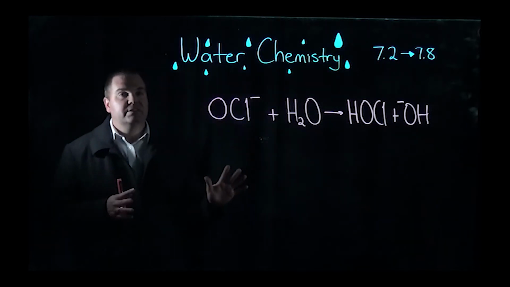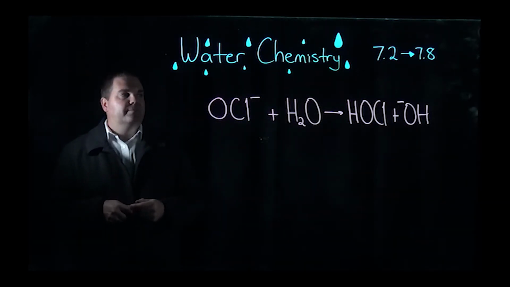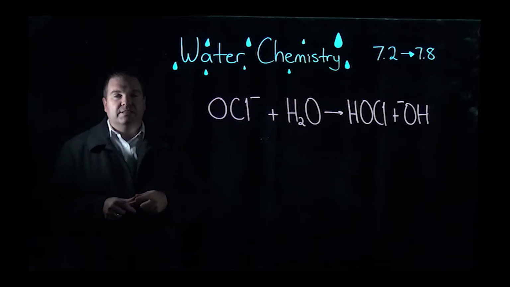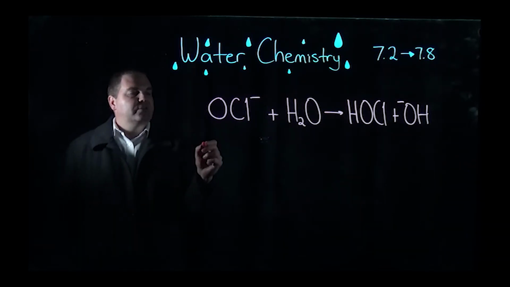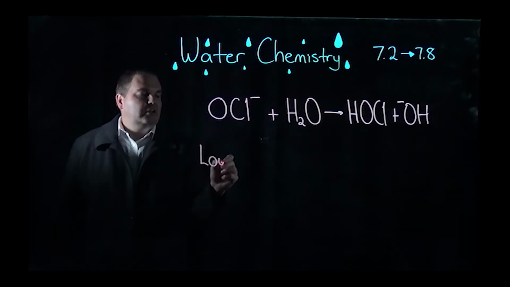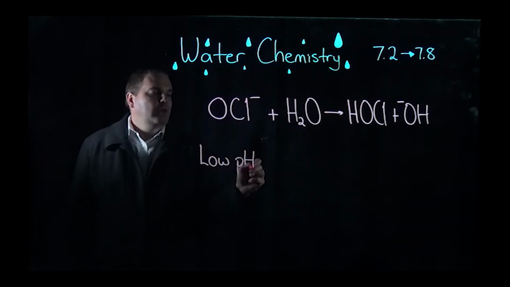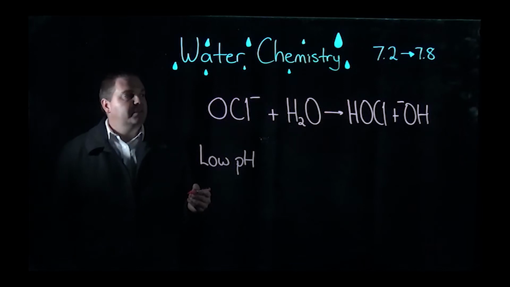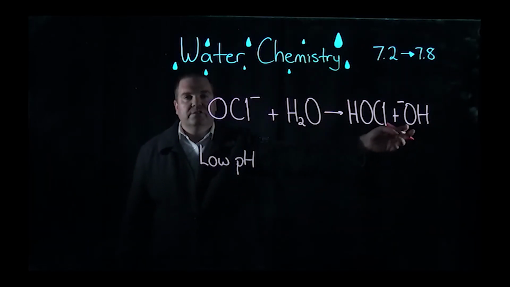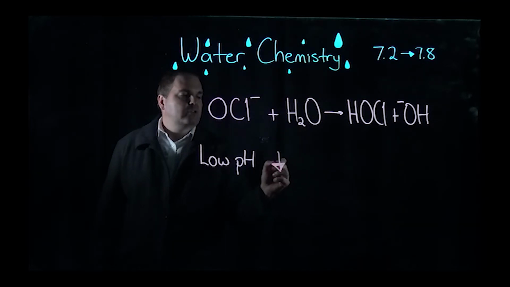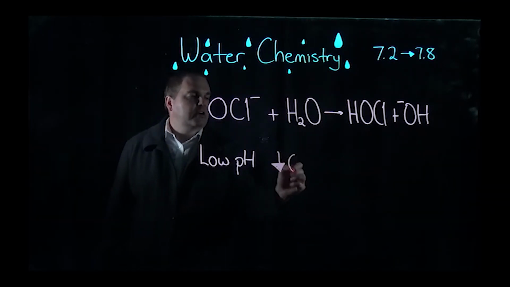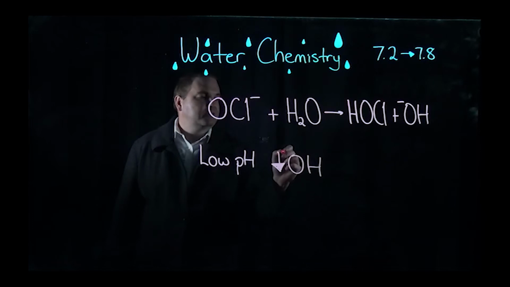So this time the water chemistry we're looking at is a little bit different, but again, pH still has an impact upon the chemistry within a pool. If we start by looking at a low pH, a low pH is going to impact our hydroxide ions. A low pH is going to decrease the concentration of the hydroxide ions because a low pH has H plus ions.